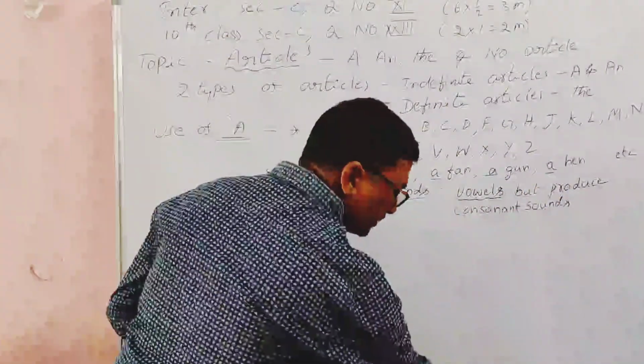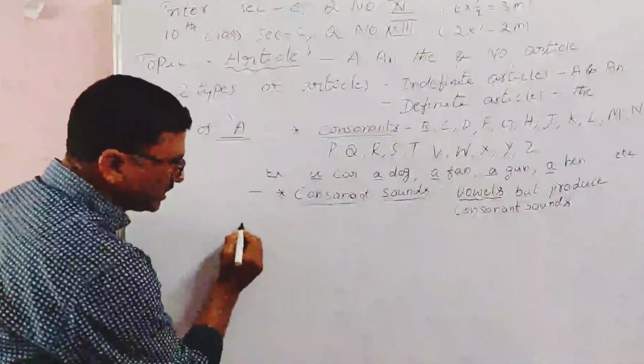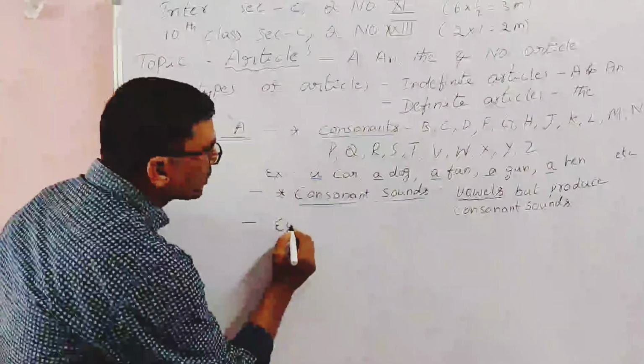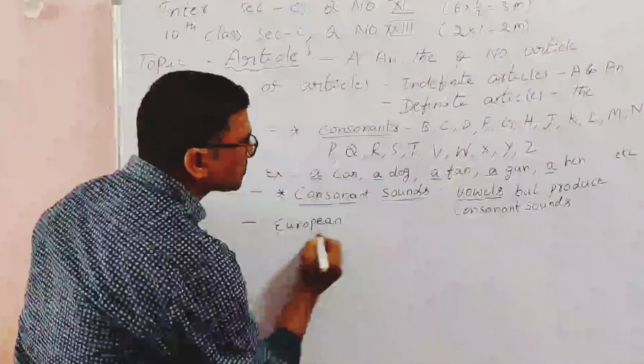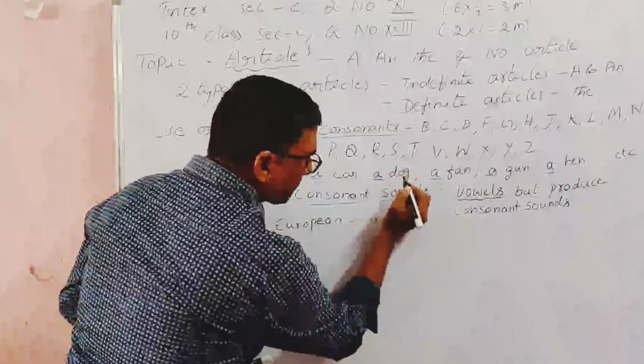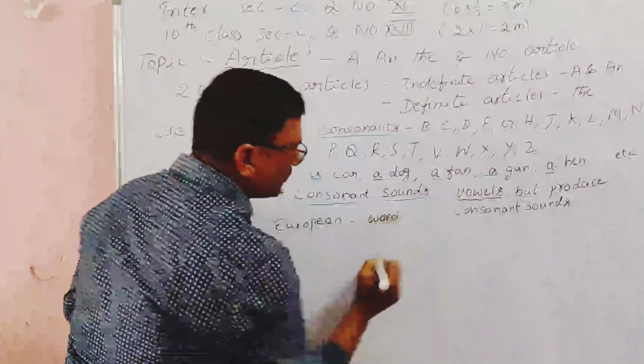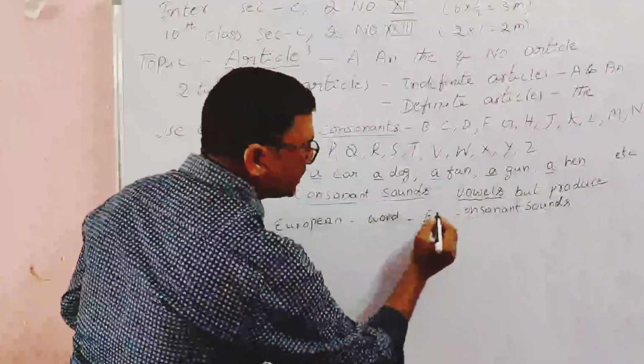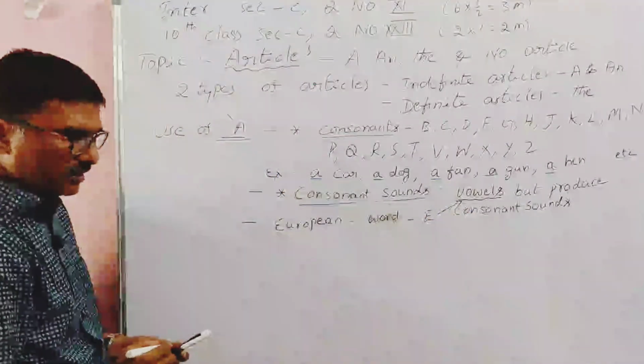For example, one word: European. Look here, the word began with E. What is E? E is a vowel.